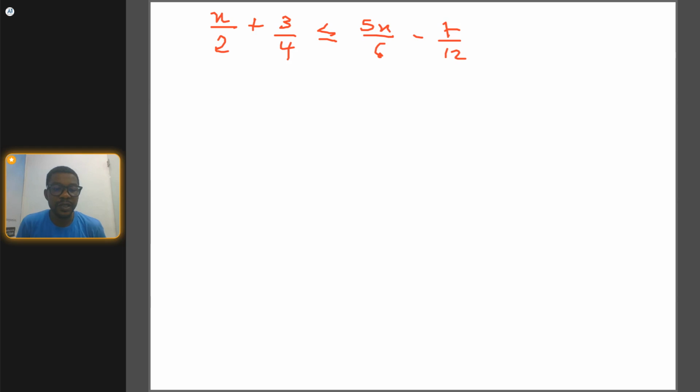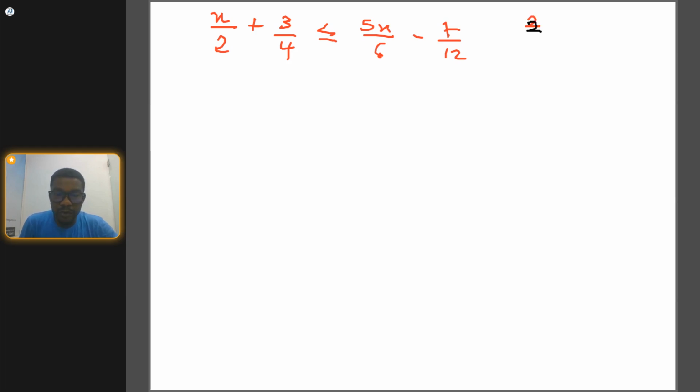Now, the first thing we need to do with this question is to get the LCM of the denominators. The denominators are 2, 4, 6, and 12.